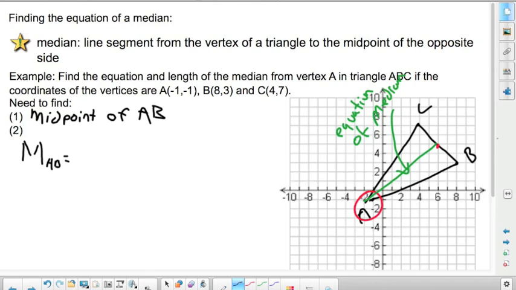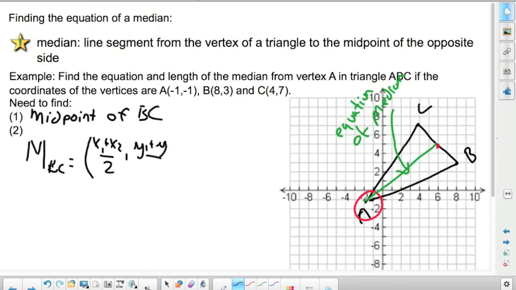Is it BC? Oh, sorry, BC. Midpoint of BC. So the midpoint of BC is equal to (x1 plus x2 over 2, y1 plus y2 over 2), those coordinates.